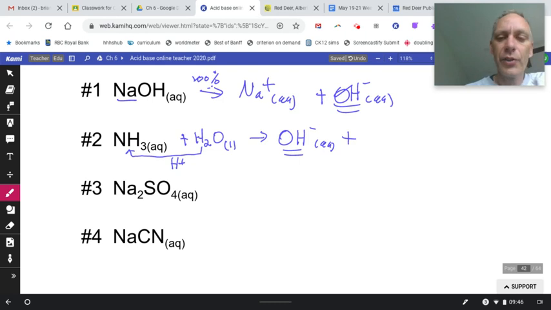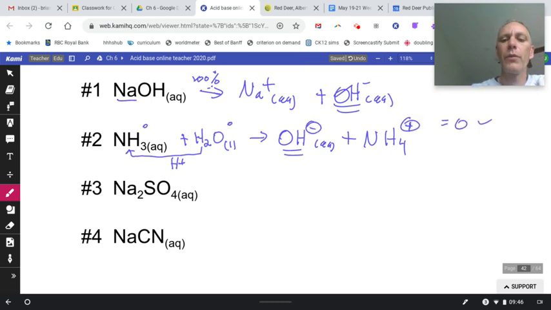And what happens to NH3? It becomes NH4. A lot of students will stop there and forget about the plus. It gained an H and it gained a plus. Check our charges. 0, 0, minus 1, plus 1 adds up to 0. So those are the correct compounds. So ammonia and water makes hydroxide and ammonium ions. Basic. Okay, next one.